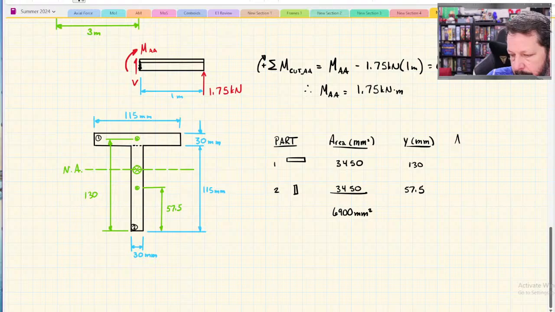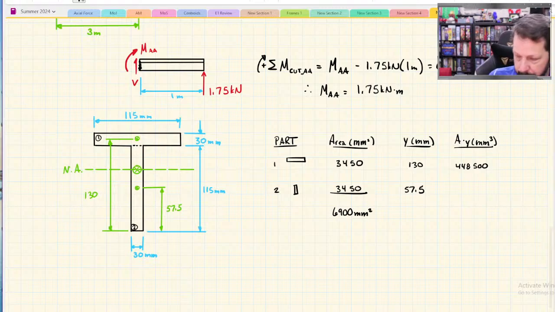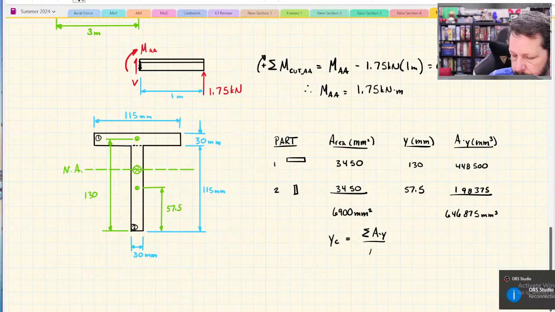Now we can do AY, A times Y. 3450 times 130 is a big number, 448,500. And 3450 times 57.5, slightly smaller number, 198,375, over the total area.